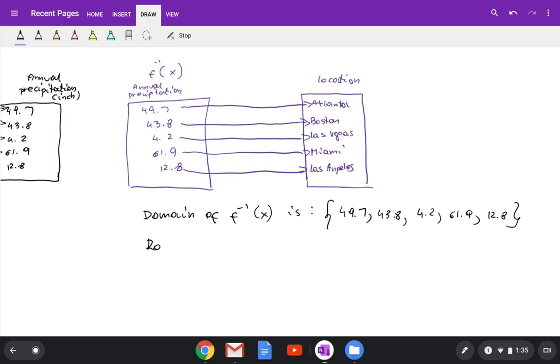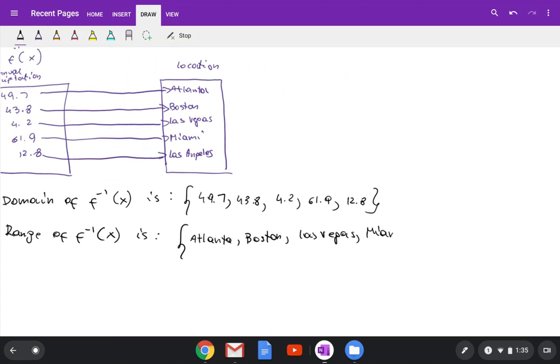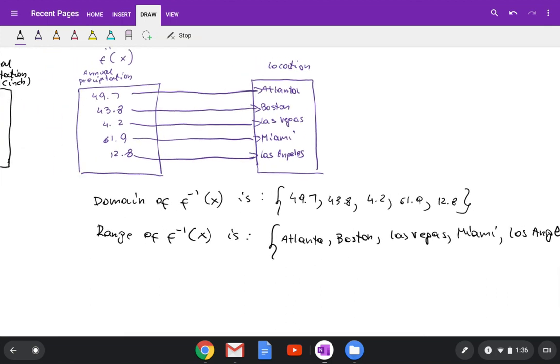And the range of the inverse, that's going to be location. So I'm going to list location, just Atlanta, Boston, Las Vegas, Miami, Los Angeles. Okay, so that's what you will need to do with the problems like that.